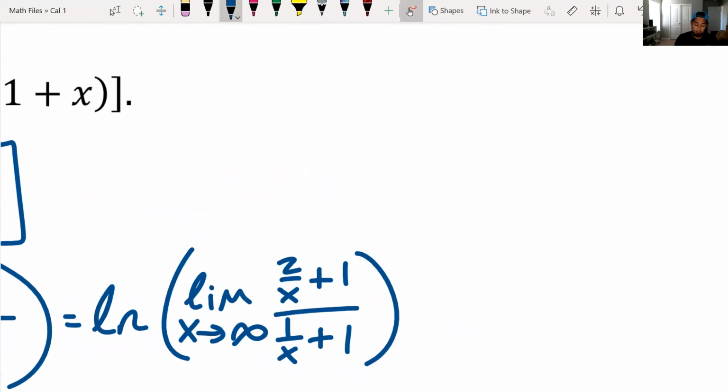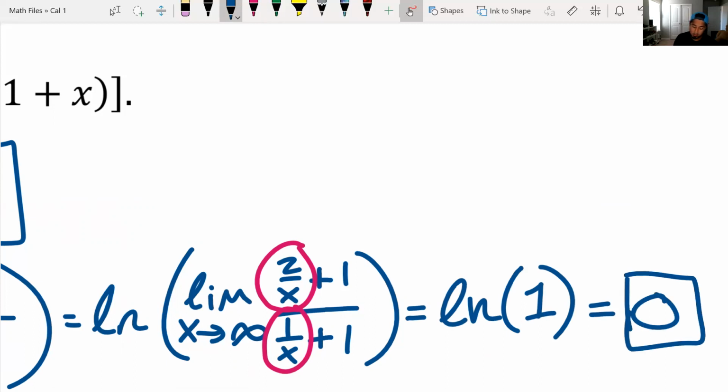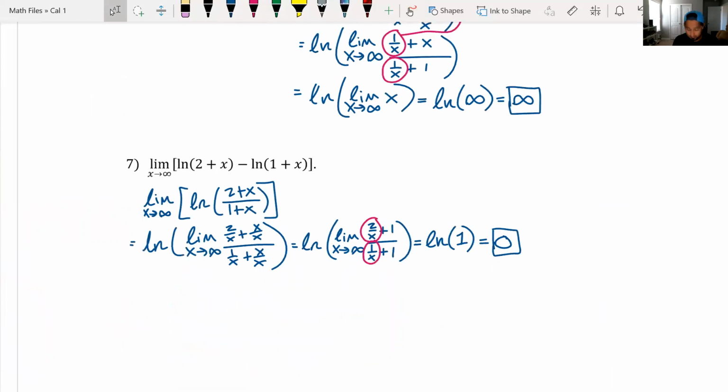All right. And what we know from our limit properties, this limit as x approaches infinity will be 0. This limit as x approaches infinity will be 0. So all we are left with is the natural log of 1, which means this whole limit is just 0. I tell you what, we do a lot of work for 0 in this class.